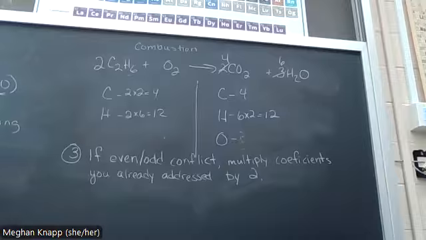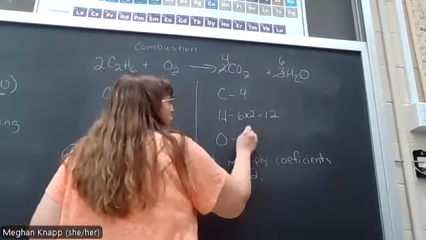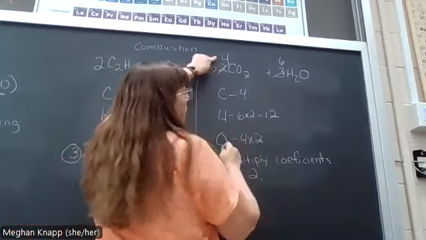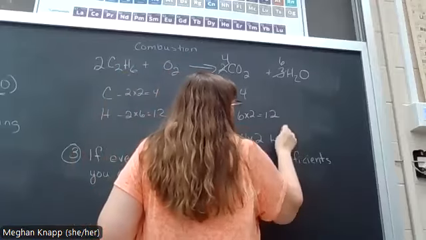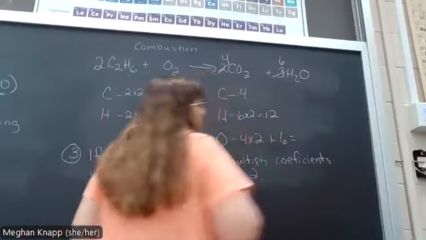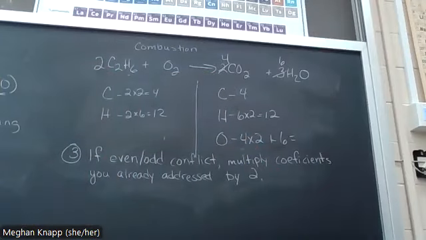Okay. So my oxygens on this side now are 4 times 2, coefficient times the subscript, plus 6 times 1. What does that give you? 14, which is double the 7 that we had before. So it makes sense.